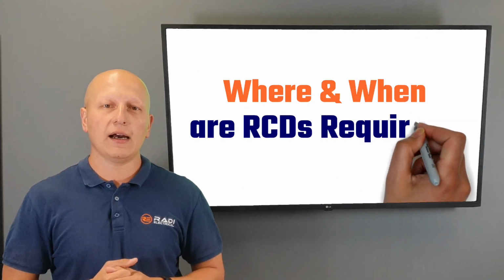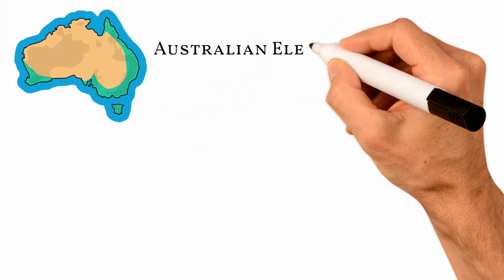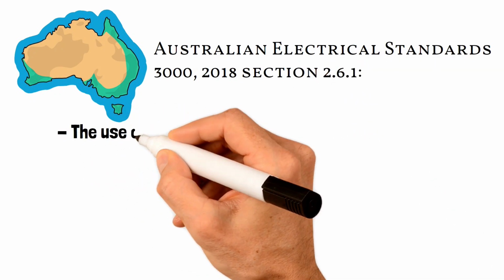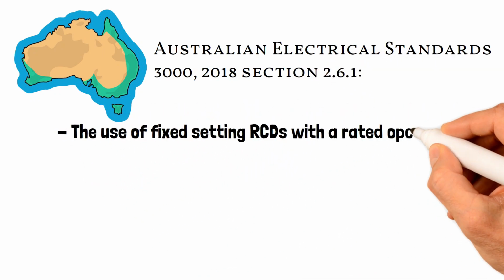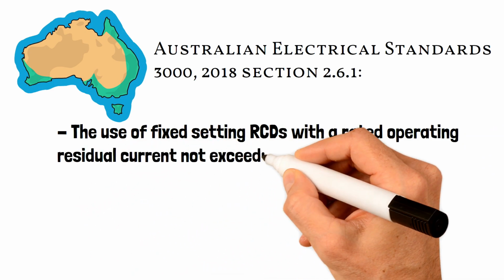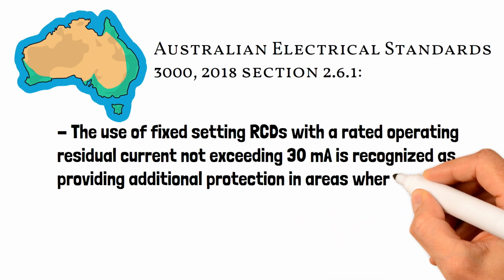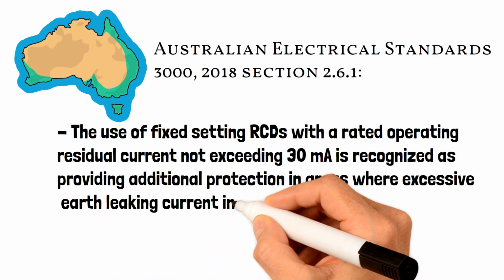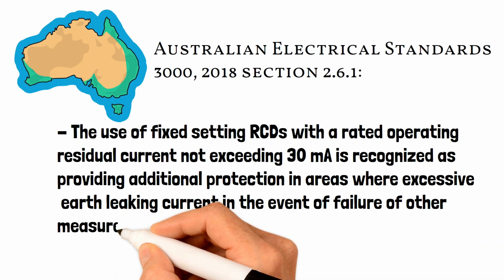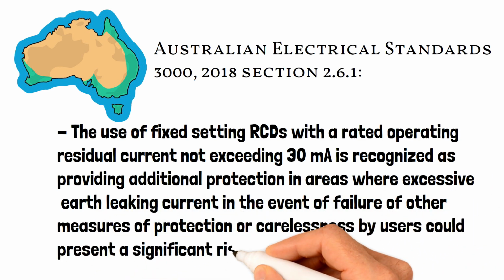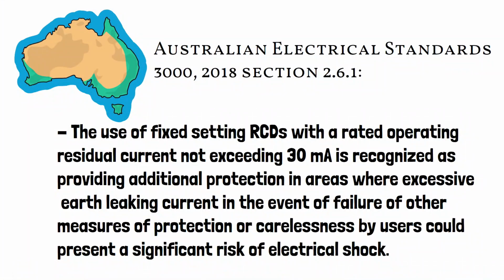Okay, so let's discuss where and when we will require RCDs. The Australian Electrical Standards AS 3000:2018 section 2.6.1 states that the use of fixed setting RCDs with a rated operating residual current not exceeding 30 milliamps is recognised as providing additional protection in areas where excessive earth leakage current, in the event of failure of other measures of protection or carelessness by users, could present a significant risk of electrical shock.